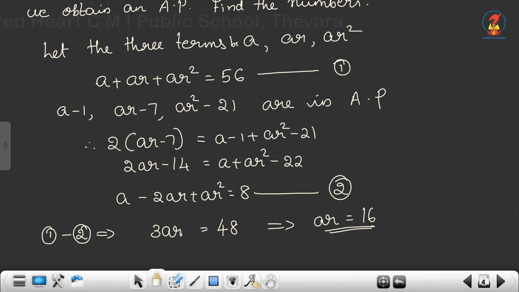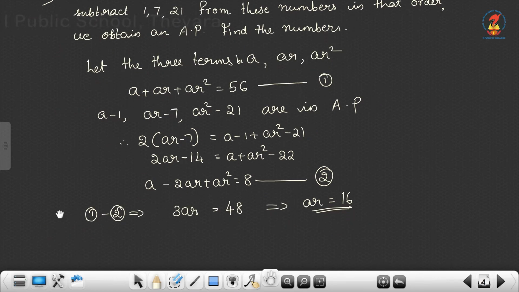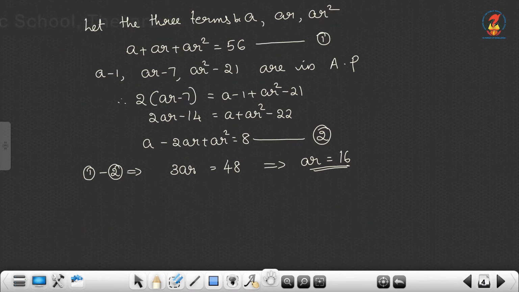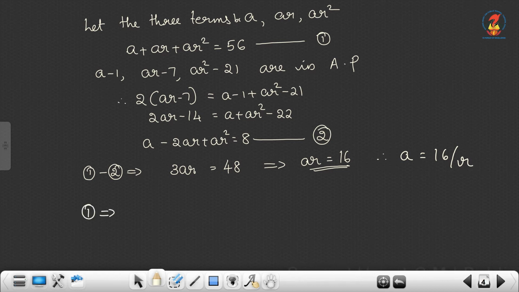Okay. Now from that find either a or r and substitute in either the first or second equation. So this implies a is equal to 16 by r. So equation 1 becomes 16 by r plus ar, we already know ar is 16, plus ar square.